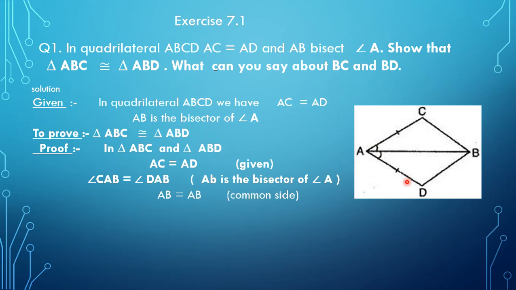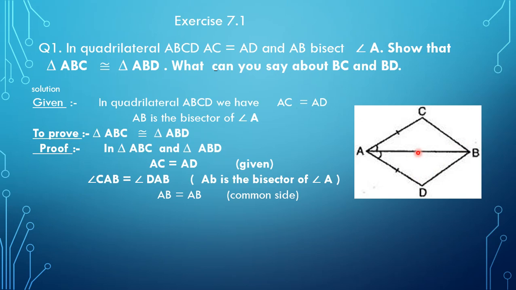And lastly, AB is the common side for both triangles, so AB is equal to AB.